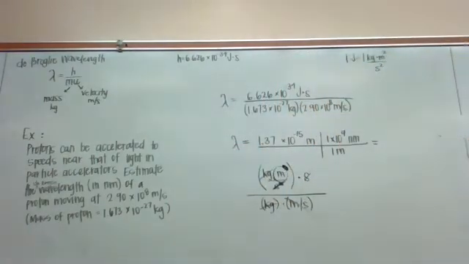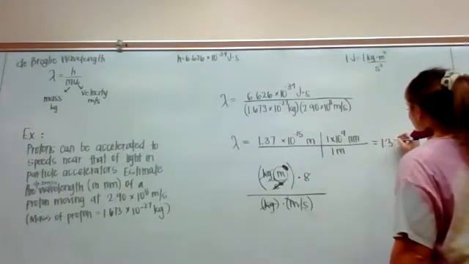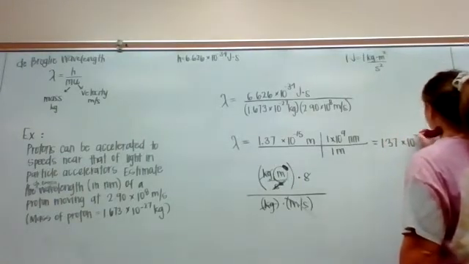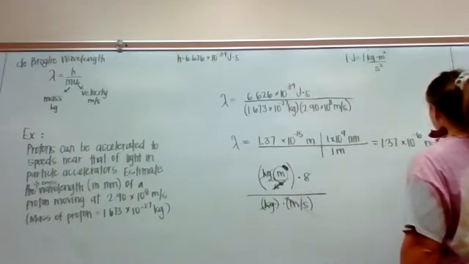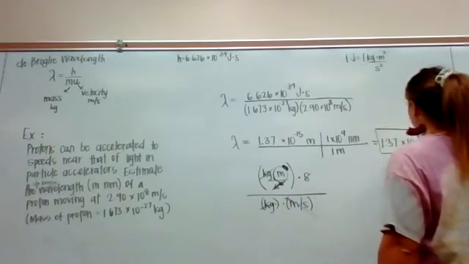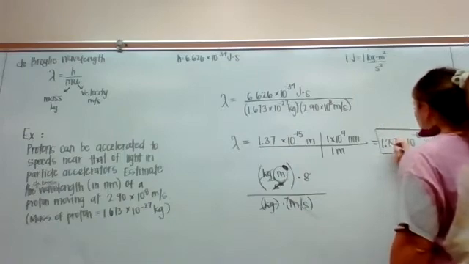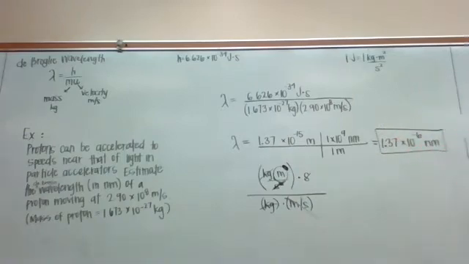I left my answer in my calculator. You just get 1.37 times 10 to the negative 6 nanometers.